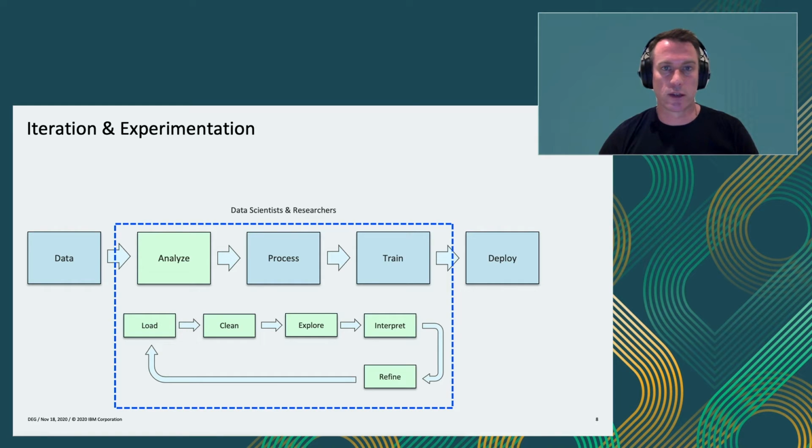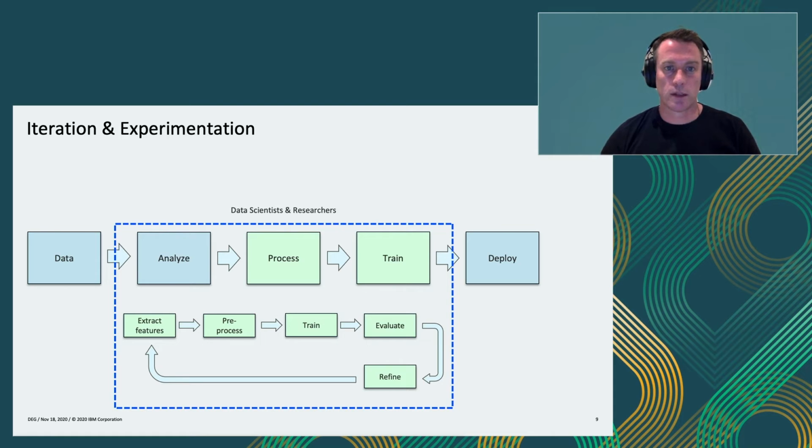Either the answers that come back themselves create more questions, or potential issues are found in the data itself or in some part of the process. And then you have this effectively iterative process of refining this workflow. So going back to the beginning, maybe fixing some of the data, maybe bringing in more different data sources, adjusting the way that it's cleaned, adjusting the analytics itself. So there's a lot of iterative workflow that happens here.